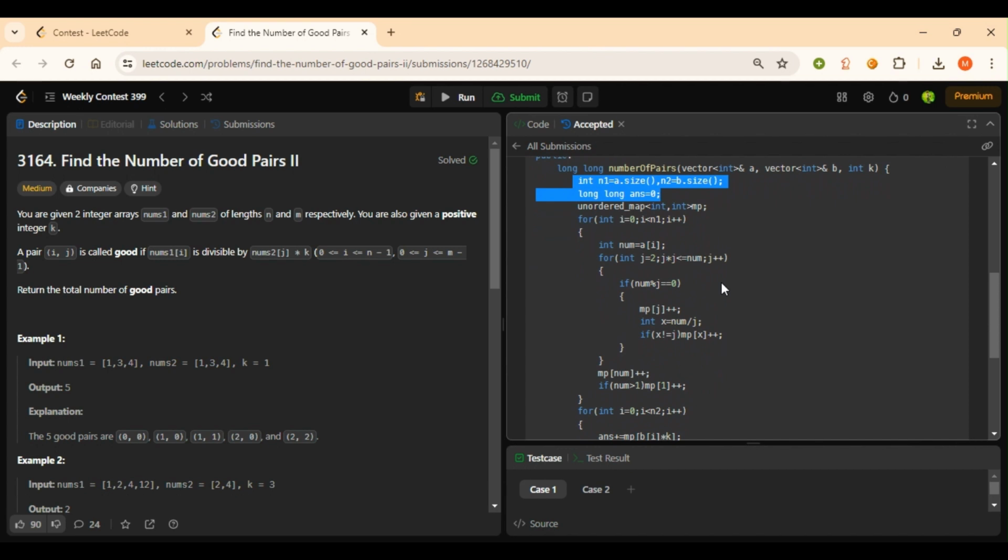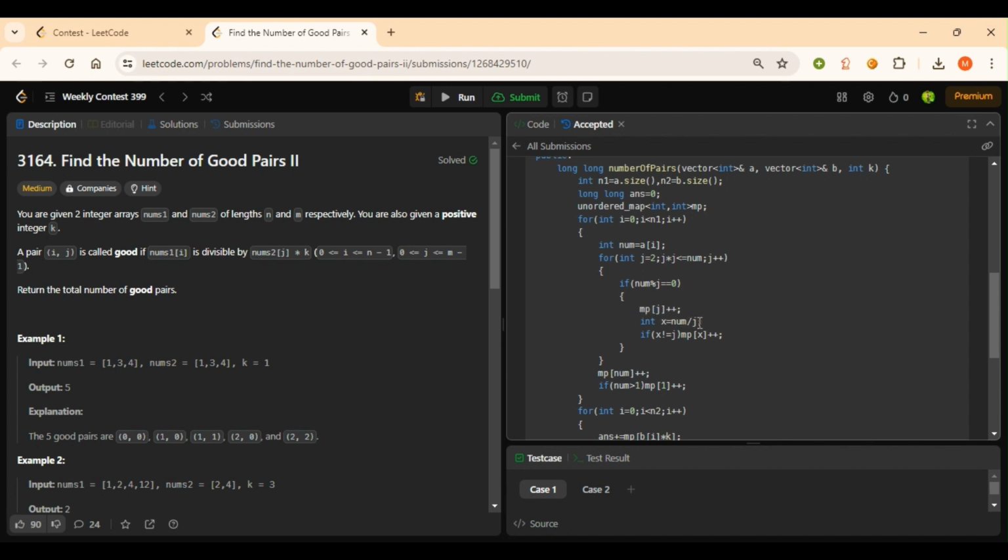We traversed through the first array, took all the factors of it and stored them, right? I visited from 2 till the square root of that number, while j square is less than or equal to the number. And if that number is divisible by that factor, then just increase the count of that factor.